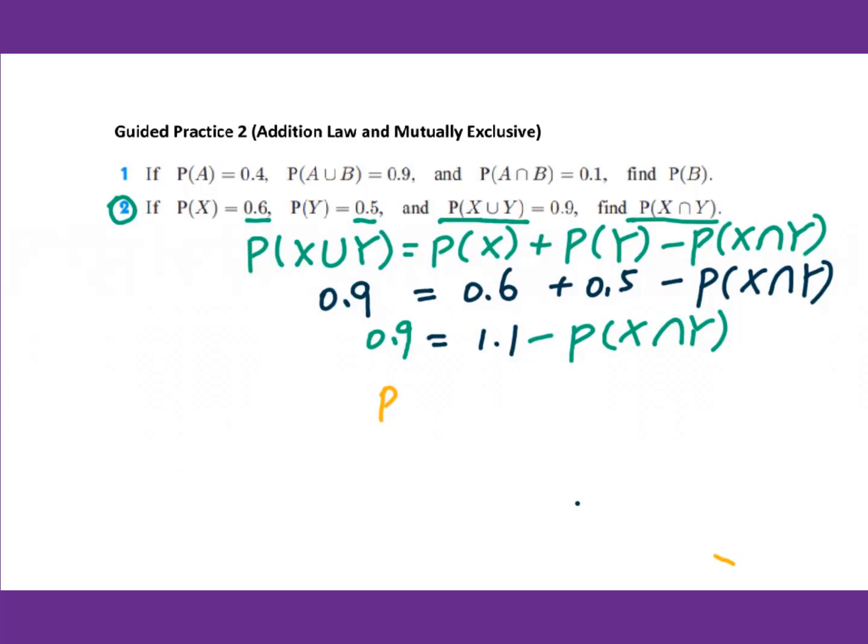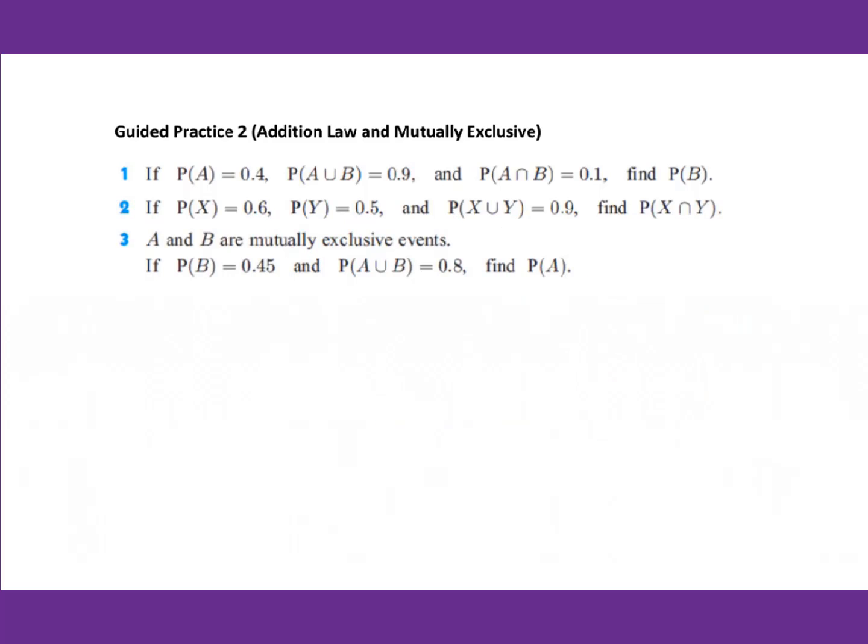So we have the probability of X and Y equals 1.1 minus 0.9. That is 0.2.